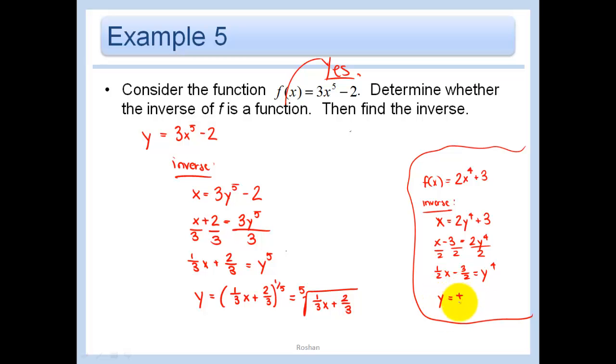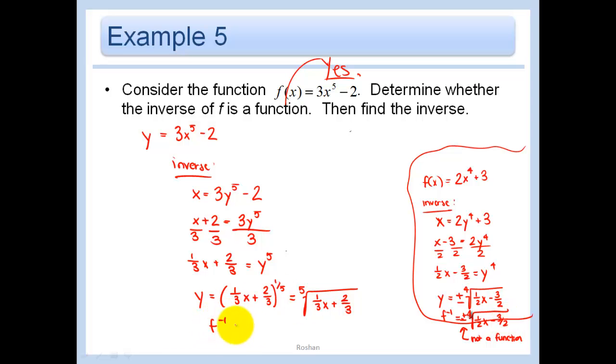So I have plus or minus the 4th root of 1/2 x minus 3/2. In other words, my inverse function is equal to plus or minus, and that is why it is not a function, because I have that plus or minus business. It just means that I'm plotting the same above and below.